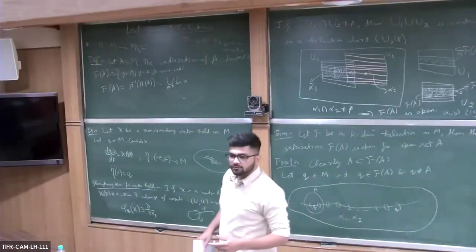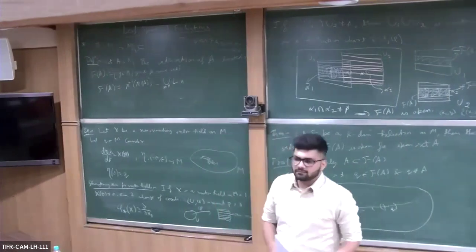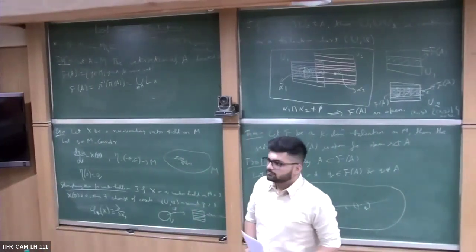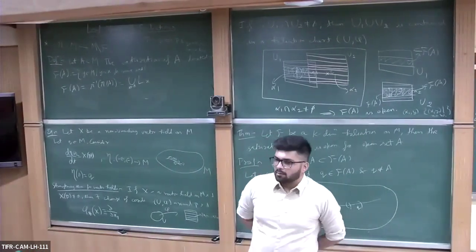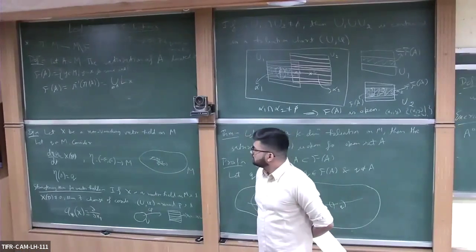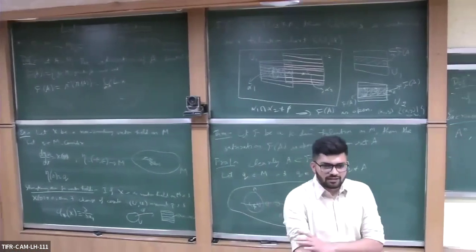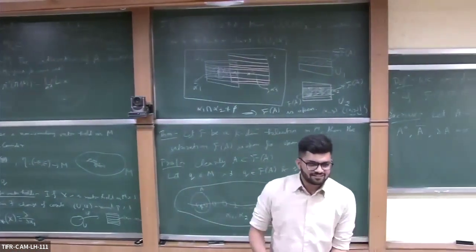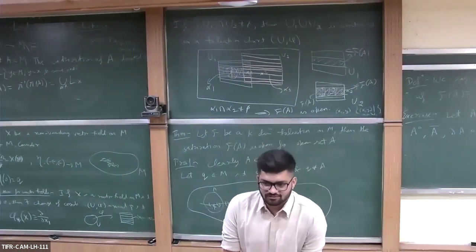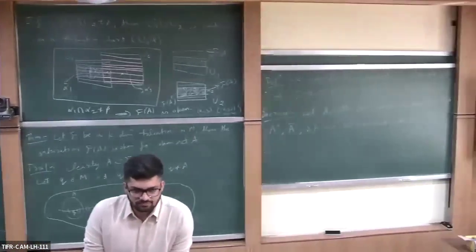If we start with a dense subset of the leaf space, that will be a dense subset of the whole space, and that will be my definition. Maybe we need to check something. Then the saturation is already dense. You only need to take a subset of leaves and then look at its saturation.